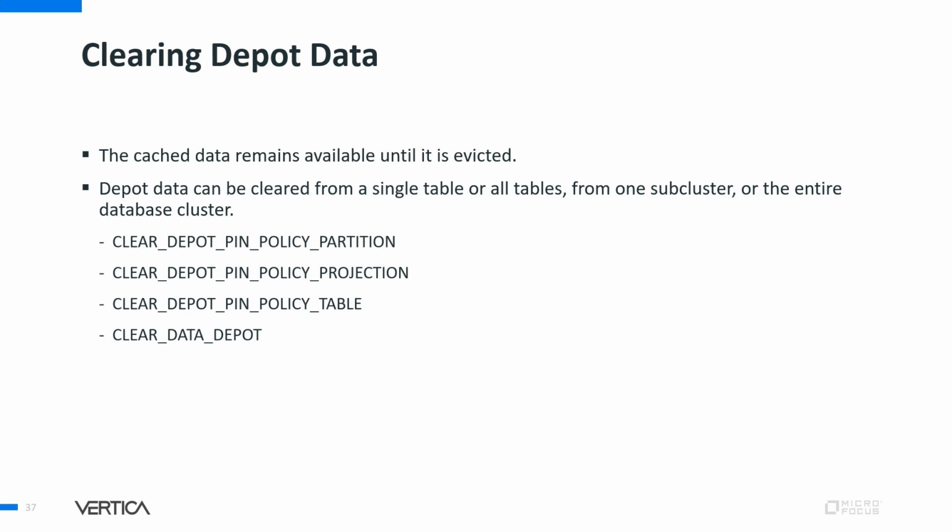The cached data remains available until it is evicted by Vertica to provide more space for new data or fresher data. Depot data can be cleared at different levels of granularity, like partition level, projection level, and table level.